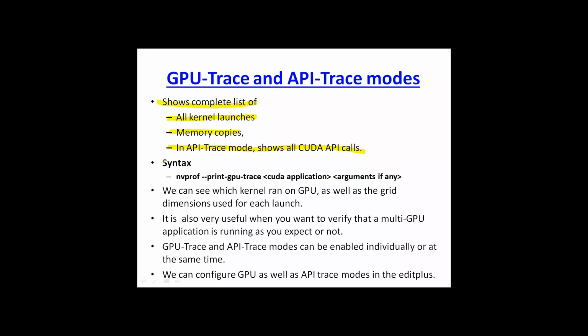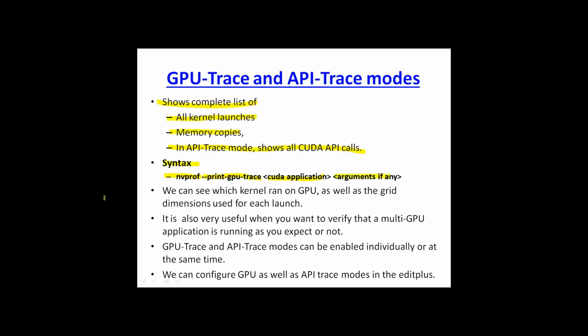So what is its syntax? Its syntax is nvprof, and if we have to enable the GPU trace mode, the option is double hyphen print-gpu-trace, then the name of our application, that is the CUDA executable file, and any arguments.